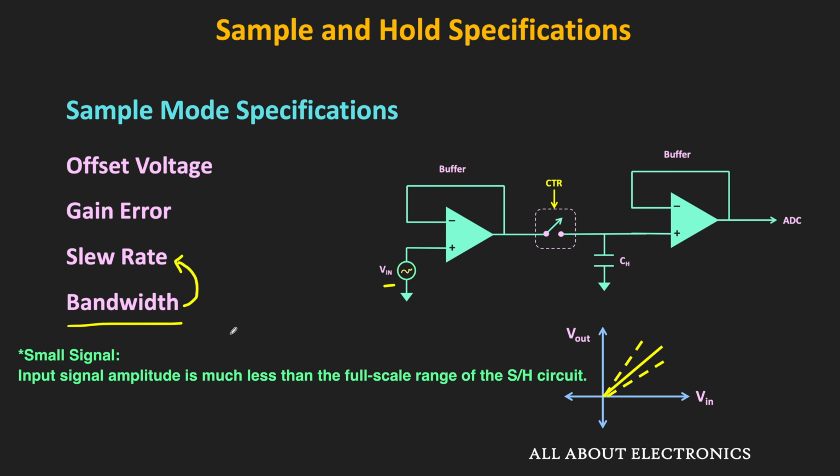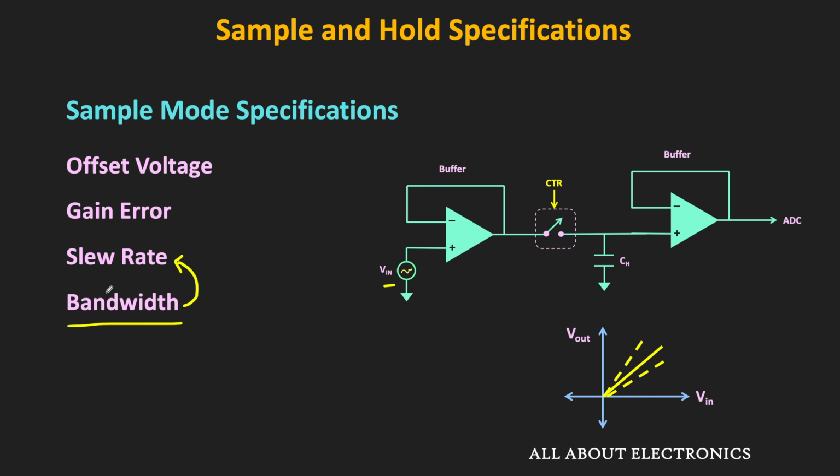That means this specification is useful for an input signal whose amplitude is very small, while the slew rate is useful when we have a large voltage swing in the input signal. Of course, this slew rate defined bandwidth will always be lesser than the small signal bandwidth.